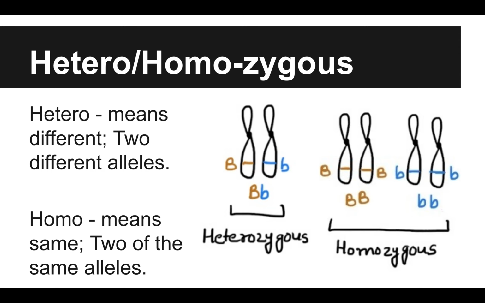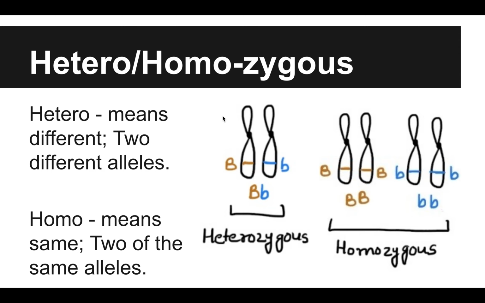Homozygous, homo means same. You have 2 of the same alleles. So here, this person is homozygous for brown eyes. Here, this person is homozygous for blue eyes, okay? And you can tell this because we have a capital letter and a lowercase letter, and that's what we're going to get to next.